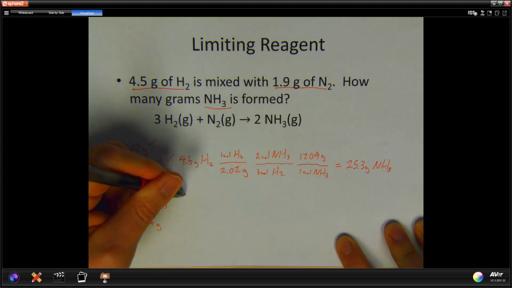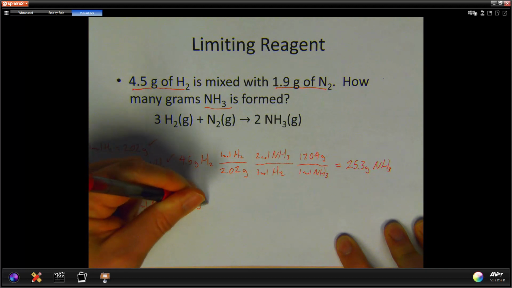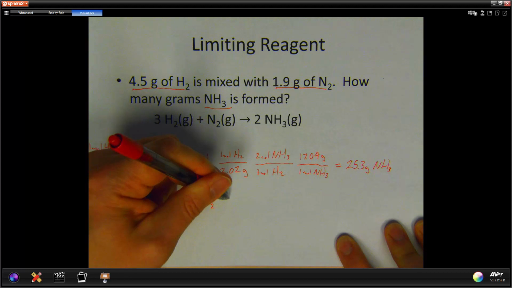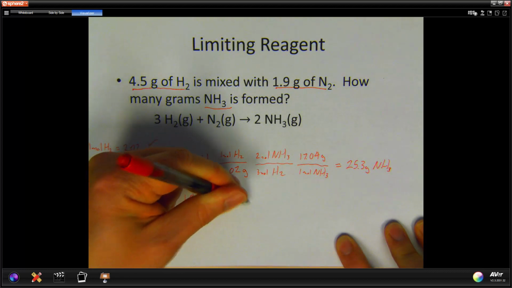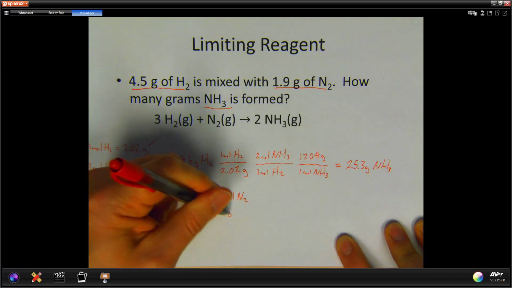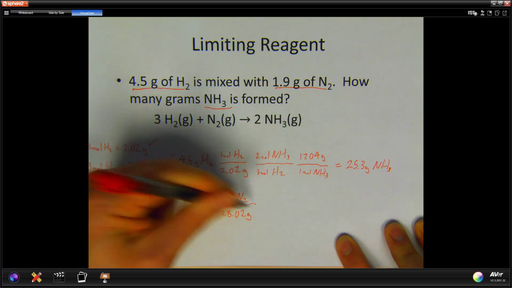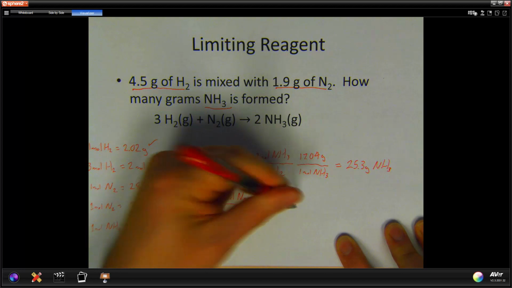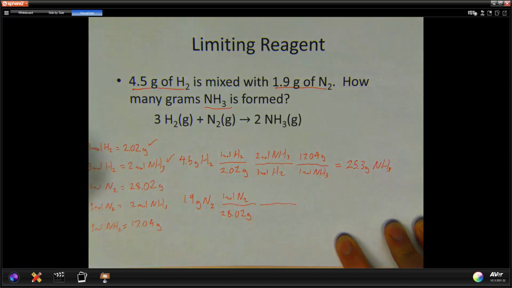So we have 1.9 grams of N2. We have a mole to mass to mole calculation. So 1 mole of N2 on the top, 28.02 grams on the bottom. And then we use that one, then we have our mole to mole.